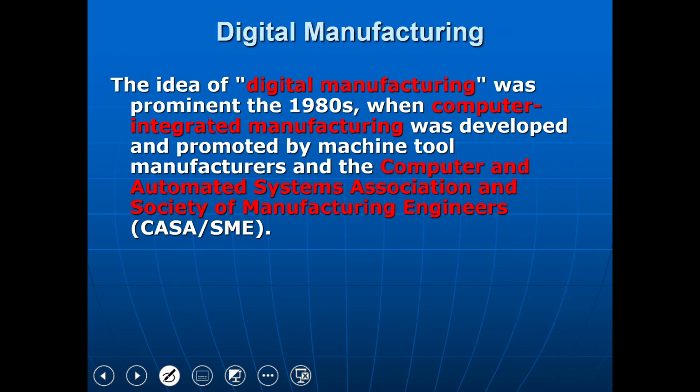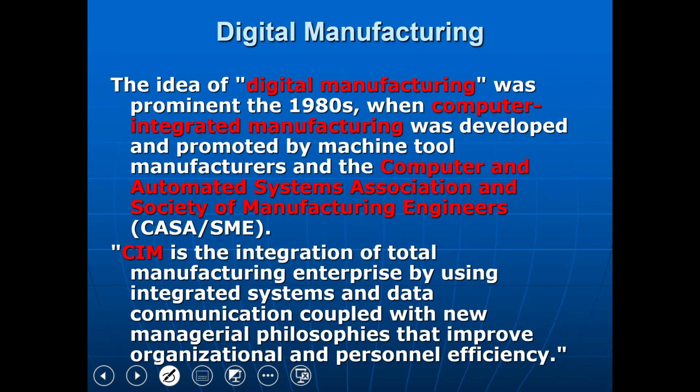They want to sell their tools, so they use a tooling integrated system, integrated with the existing machine. So they make digital manufacturing, and then CIM is the integration of the total manufacturing enterprise by using integrated systems and data communication coupled with new managerial philosophies that improve organizational and personal efficiencies.